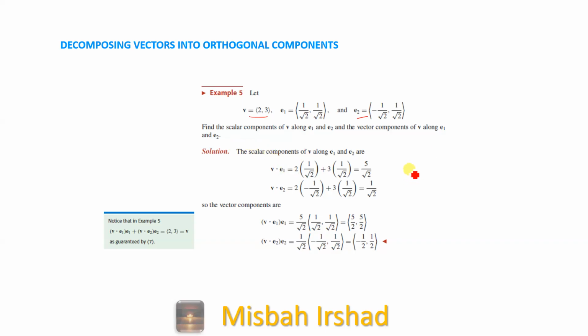We just learned how to find the scalar component. v dot E1 is the scalar component along E1, v dot E2 is the scalar component along E2, and similarly (v dot E1) E1 is the vector component along E1, and (v dot E2) E2 is the vector component along E2. So this is how we can decompose a vector v into its orthogonal components.